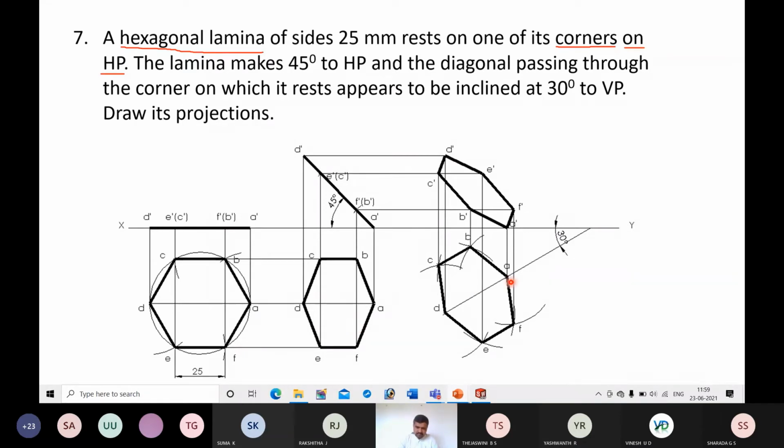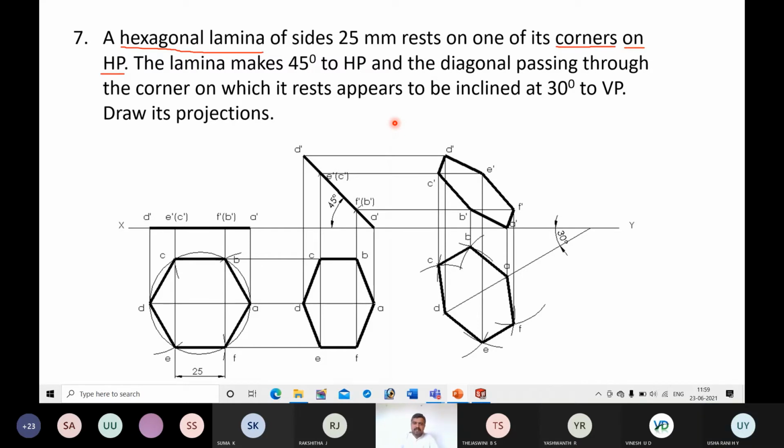Next, in this problem, why are we not determining beta? Here the given inclination is 30 degrees to VP. Whether it is true inclination or false inclination? False inclination. Why is it false inclination? How can you know? Because it says appears.